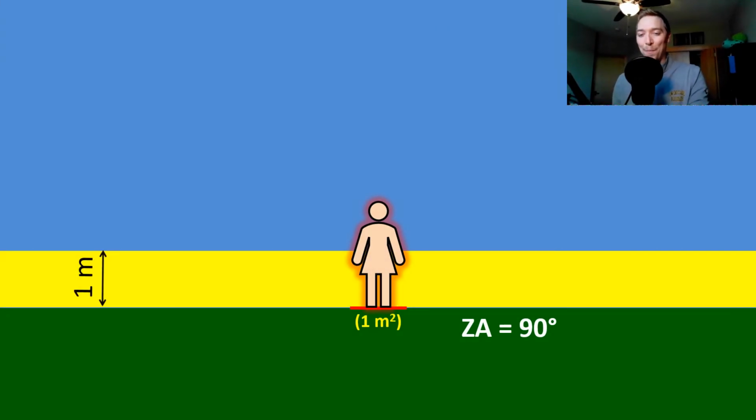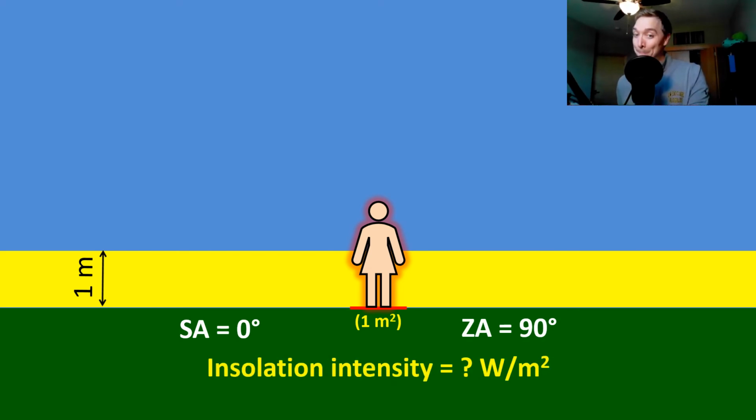Horizontal or parallel to our surface. 0 degrees is our sun angle. So what is the insolation intensity here? Go ahead and pause the video. 0, right? Because it should be obvious when you're multiplying that out. Anything multiplied by 0 is 0.